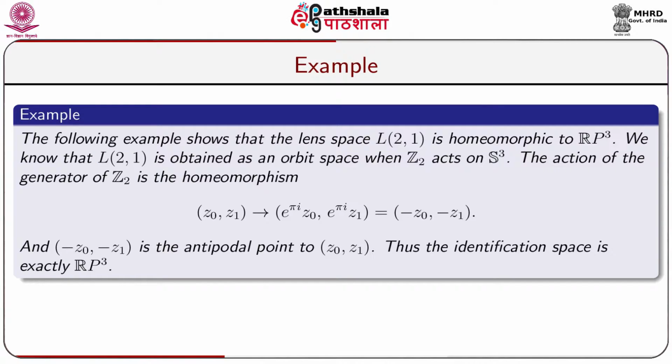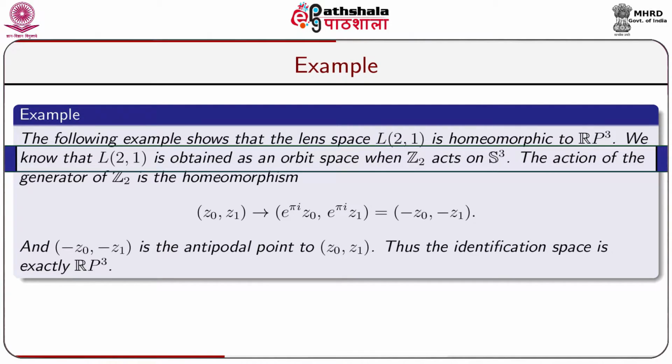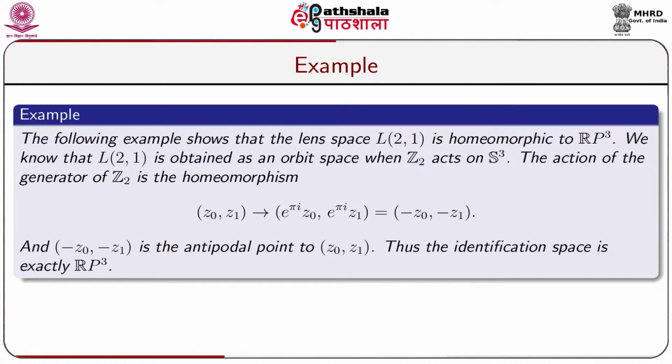We know that RP3 is in fact the orbit space of the action of Z2 on the 3 sphere S3. Also we know that L(2,1) is an identification space of S3, the orbit space under the action of Z2.